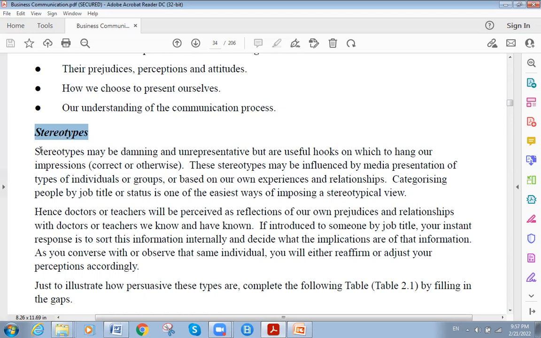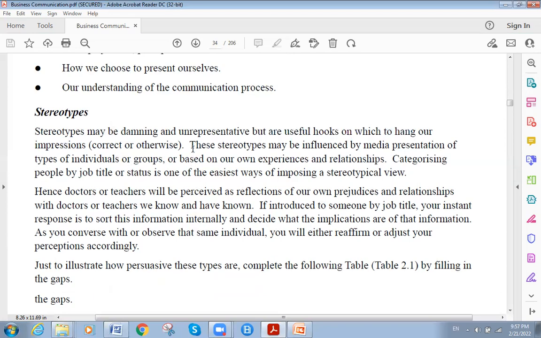Stories may be damning and unrepresentative, but are a useful hook on which to hang our impressions. These stereotypes may be influenced by media presentation of types of individuals or groups.